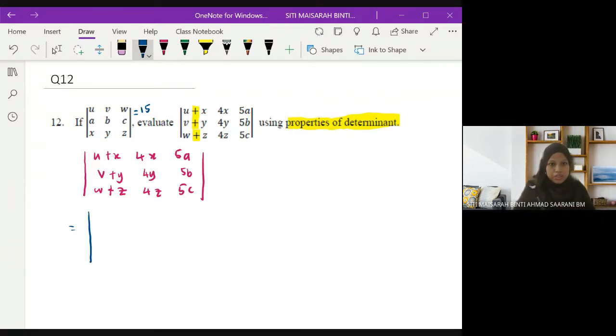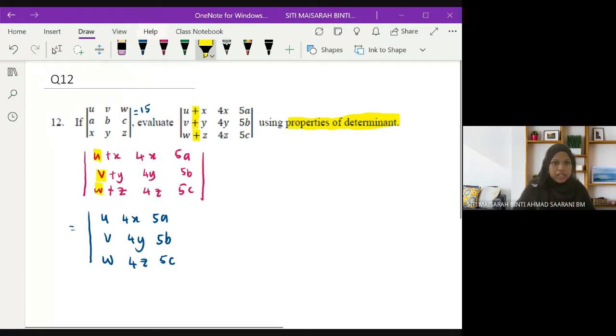the first bahagian lah, the first part is U for X 5A, V for Y 5B, W for Z 5C. Okay, ni untuk bahagian yang pertama lah.